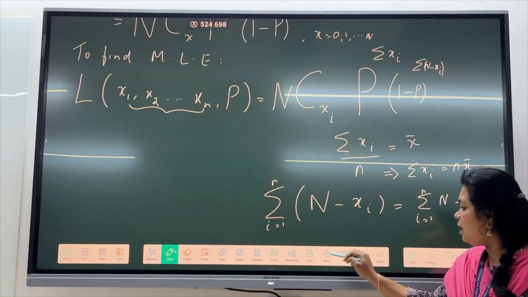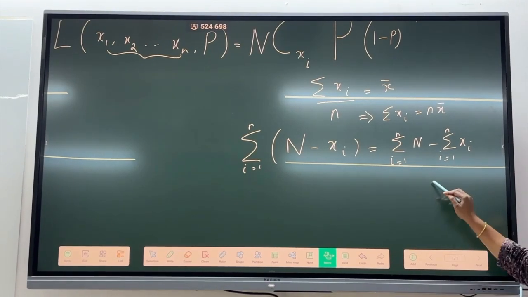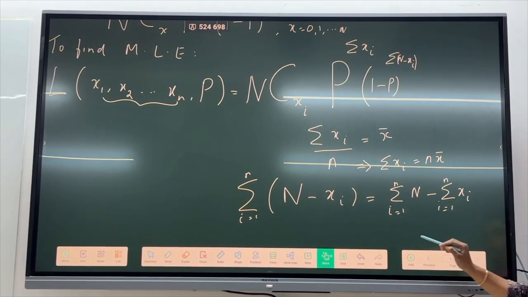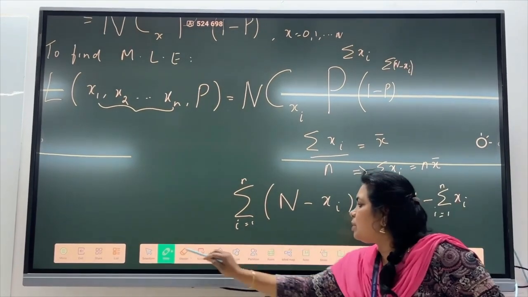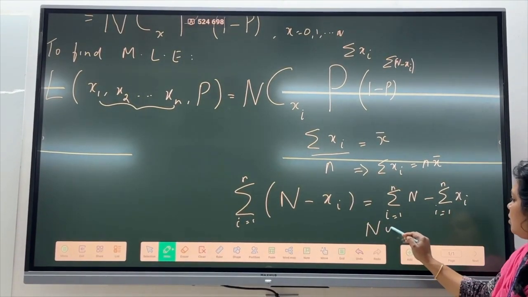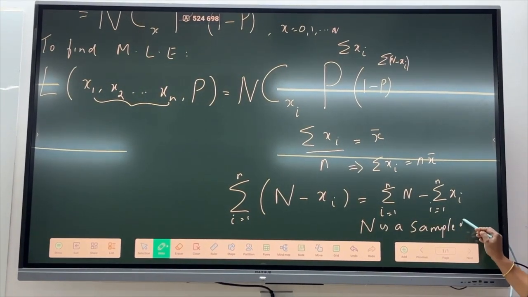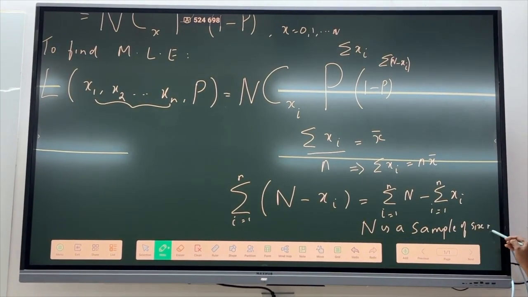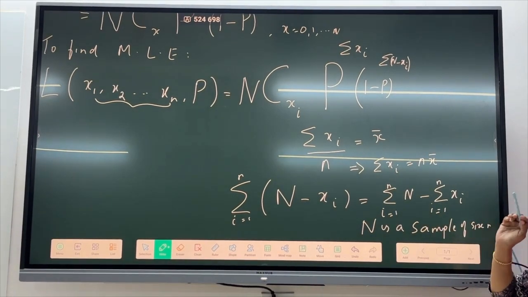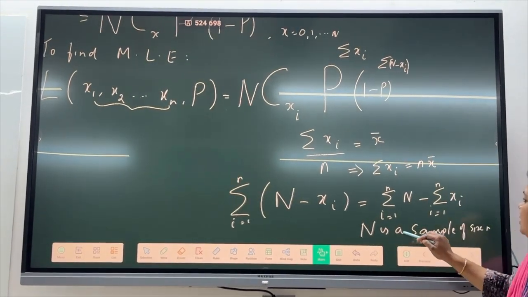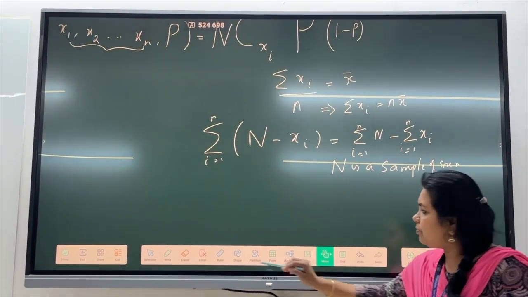All of you look at the question. The capital N is for a sample of size small n. So how many times will it go?